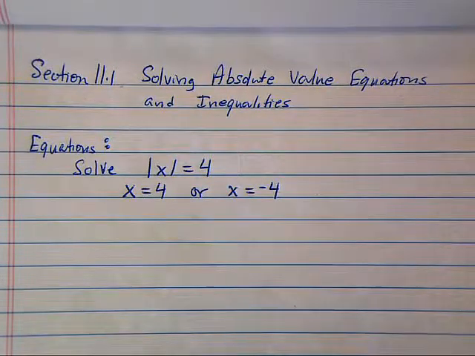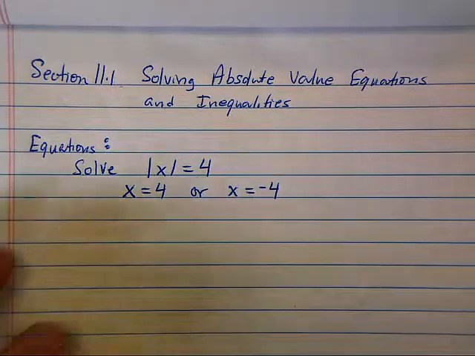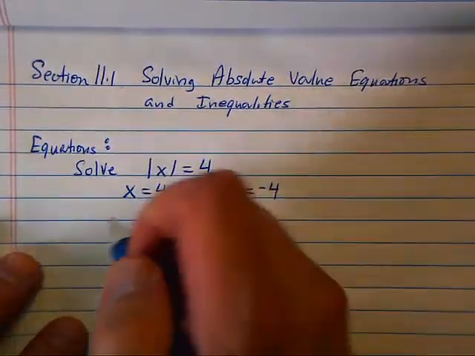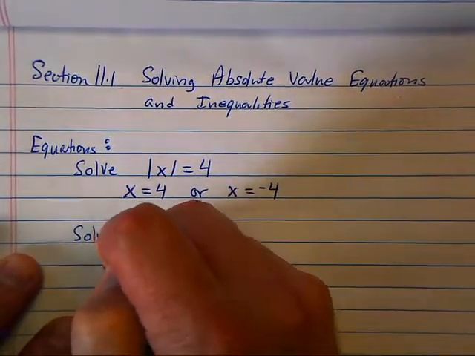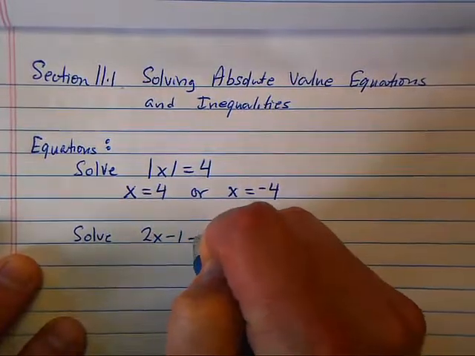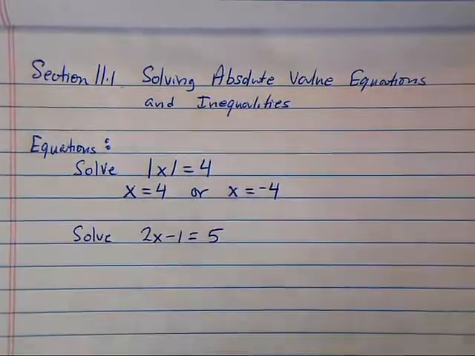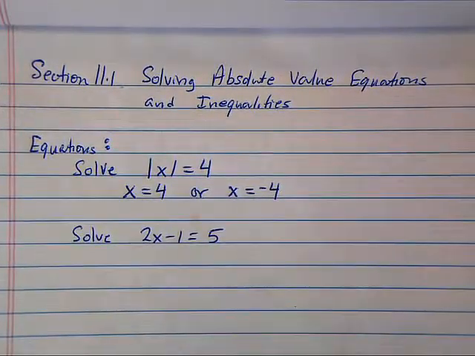So there's a very, very big difference between linear equations and absolute value equations. If I give you a linear equation, such as solve 2x minus 1 equals 5, how many answers do you get for a linear equation? You get 1. How many answers do you get for an absolute value equation? 2. Sometimes.